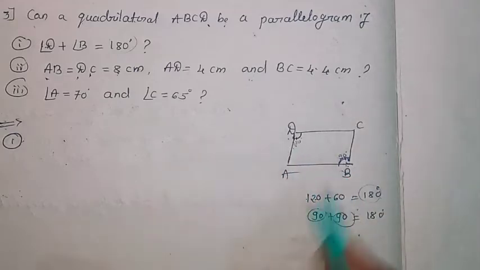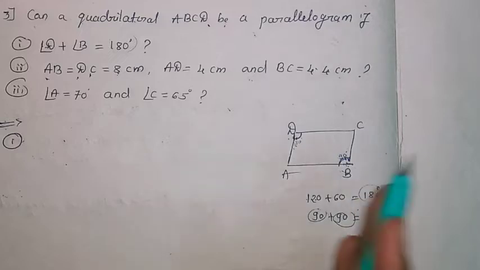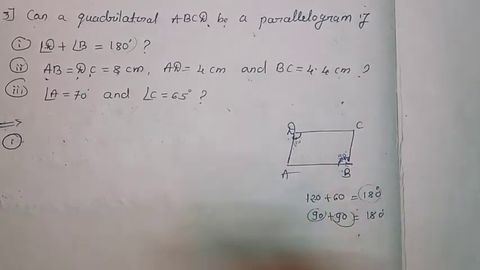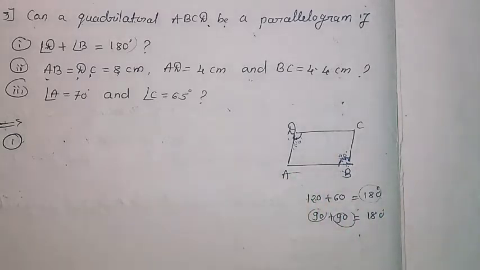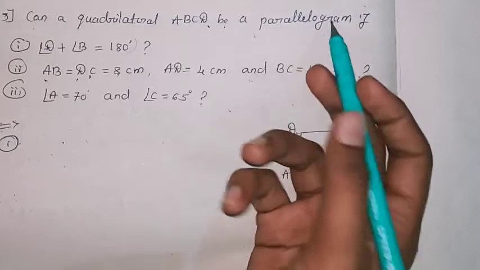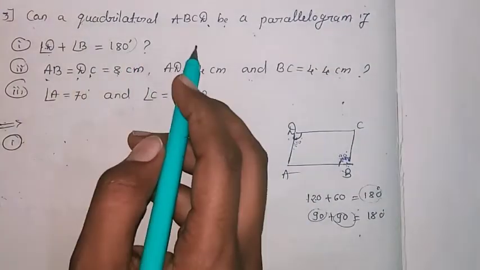So it may form or may not form a parallelogram. It forms a parallelogram when angle B and angle D are 90 degrees. Otherwise there is no other way to form a parallelogram. So what they have asked: can quadrilateral ABCD be a parallelogram if angle D plus angle B is equal to 180 degrees.